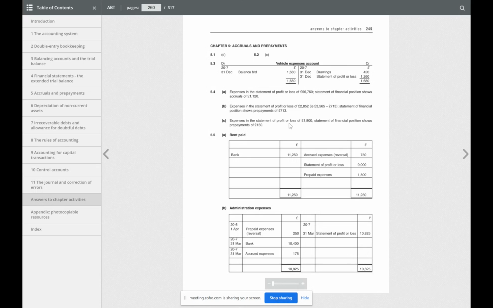Expenses in the statement of P&L account of 1800, because we deducted 150, and statement of financial position shows prepayment of 150. This is how the statement is written. But as I said, in the exam we do not get statements. It may be like right or wrong, or we will have to do this kind of accounts.